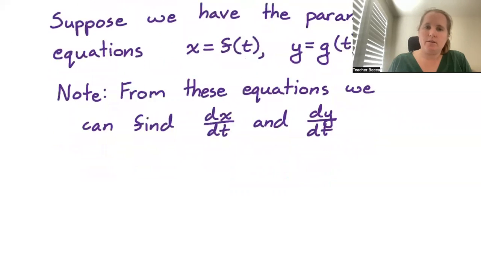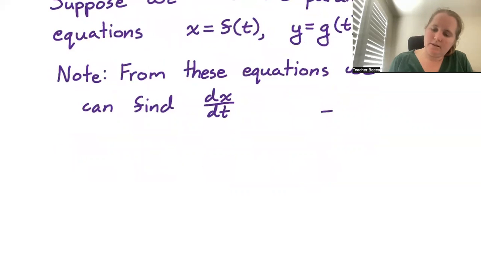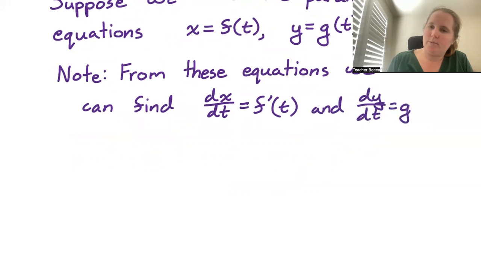Right, so we have dx dt would be f prime of t, and dy dt should be g prime of t.